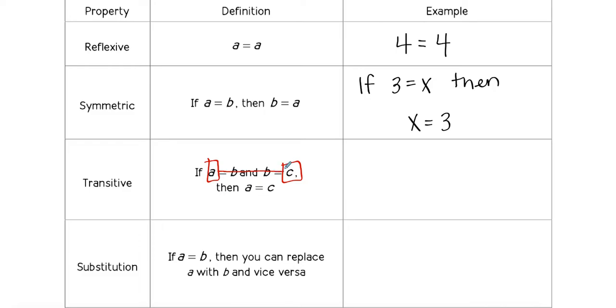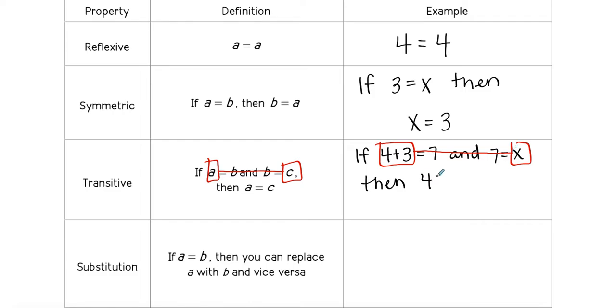So since it goes through B, I can now connect A to C. All right, so if I said if 4 plus 3 equals 7, and let's say 7 equals X, then I can say, take the front, 4 plus 3, connect it to the back. You're allowed to connect it as long as the middle is the same. So my conclusion to this statement would say then 4 plus 3 is equal to X.